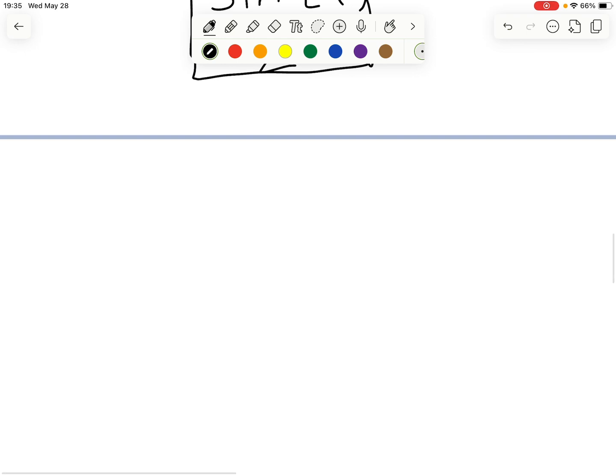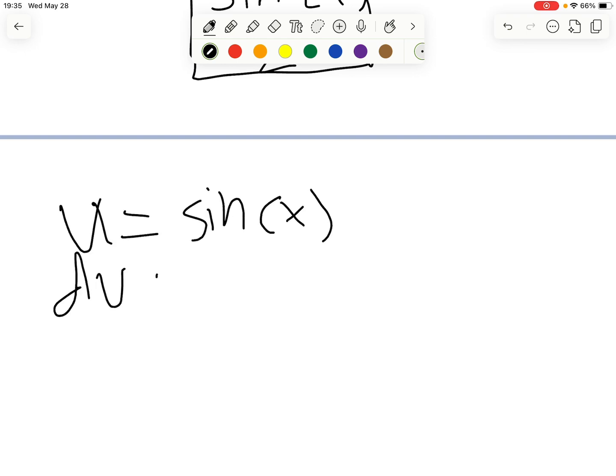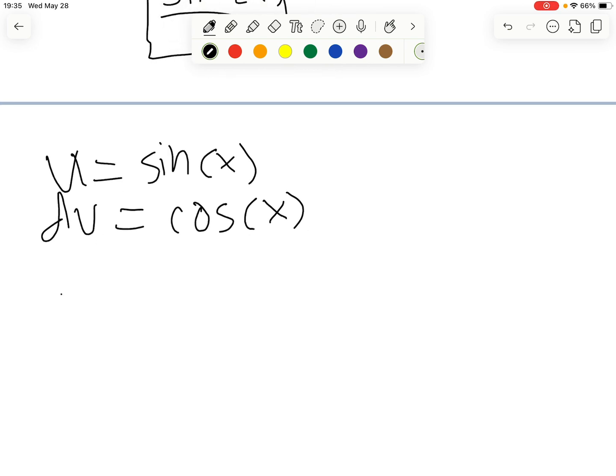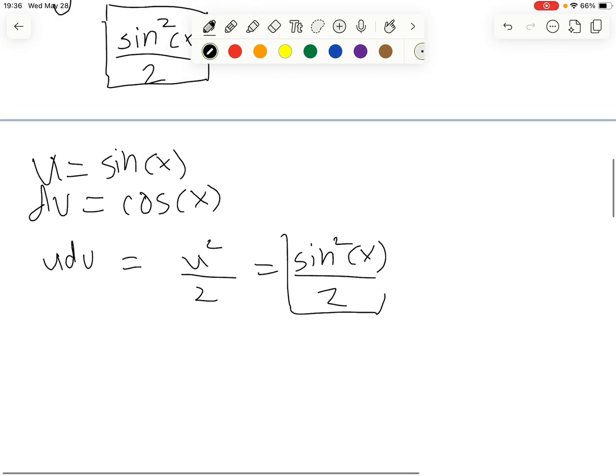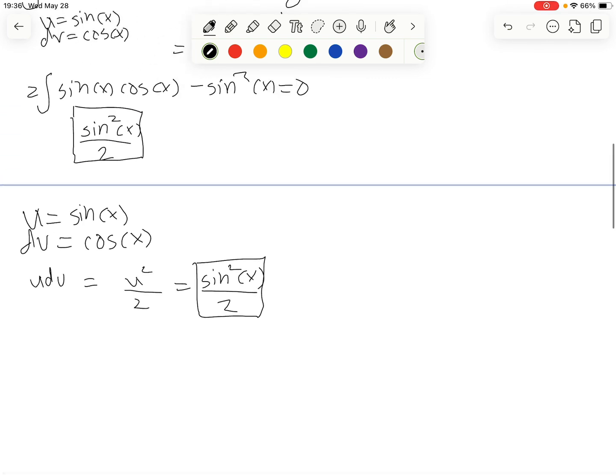In that case, you can just get u equals sine x, du equals cosine x dx, and we find that the integral of u du is just going to be equal to u squared over 2, which of course is equal to sine squared x over 2. We get the original solution that we got using integration by parts much faster. So that's just a demonstration of one of the pitfalls, but to sum it all up, integration by parts, very useful, not always the tool you want to use.